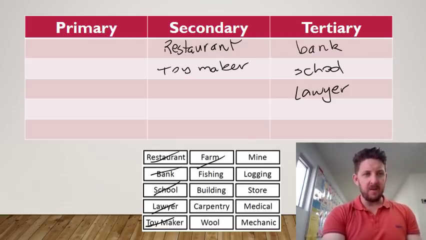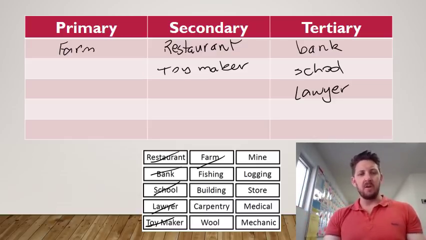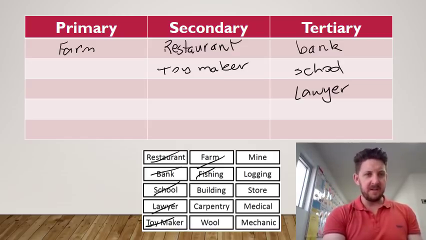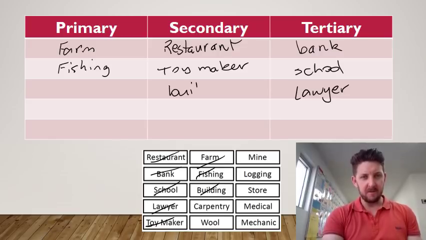A farm, where we know that they look at things off the land, whether it be vegetables, cattle, different kinds of crops. Fishing needs to go into the primary, because it's off the land. Building takes the raw materials, makes it into something else. Let's put that into secondary.